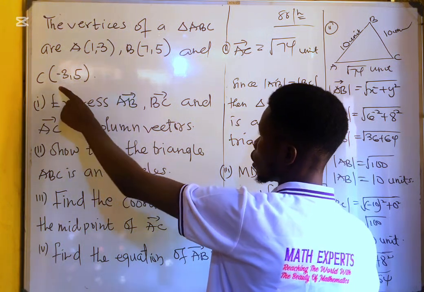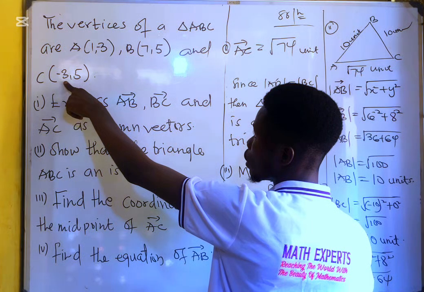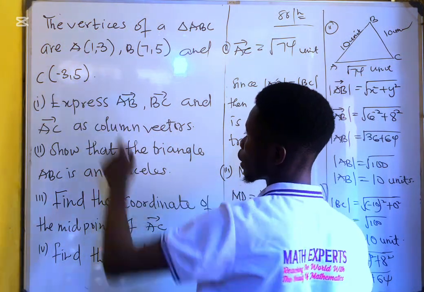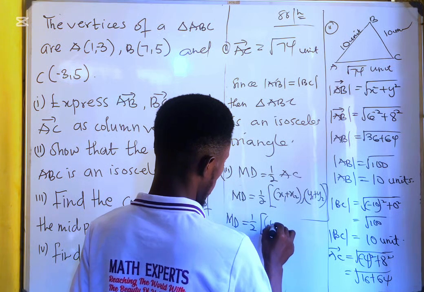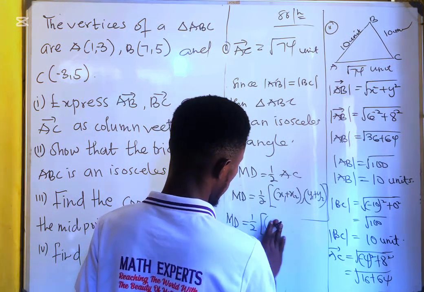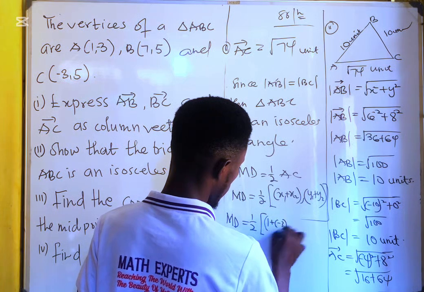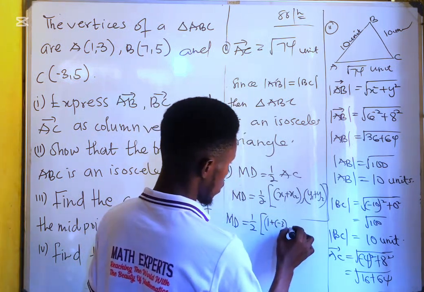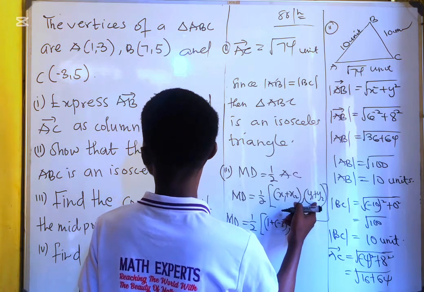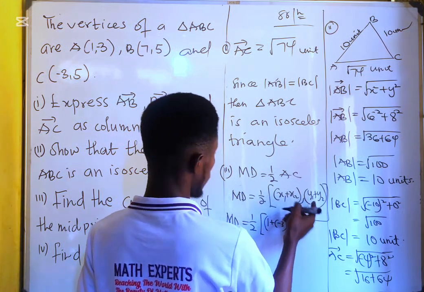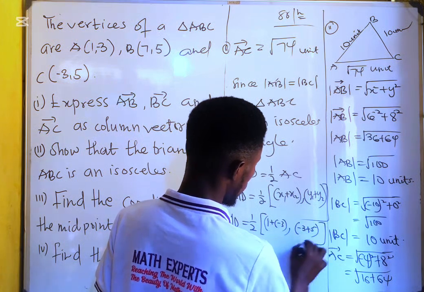Is that okay? So if I add this one to this, I'll get negative 1 plus negative 3, comma, y1, that one is negative 3, plus 5.